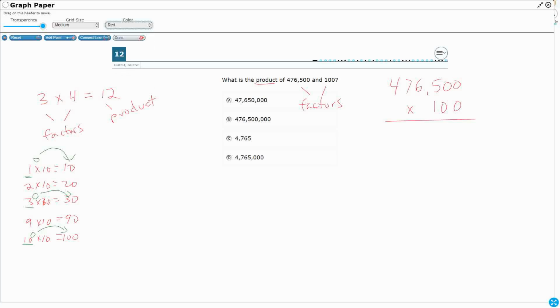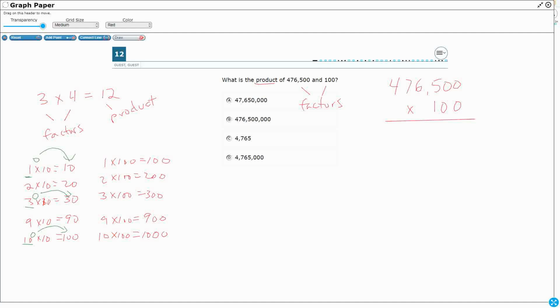So that works for tens. What we're going to find is the same thing works for 100s. So 1 times 100 is just 100. Two 100s is just 200. Three 100s is 300. We can skip down to 9 100s equals 900. Now, 10 100s is 1000, which is correct because there are 10 hundreds.